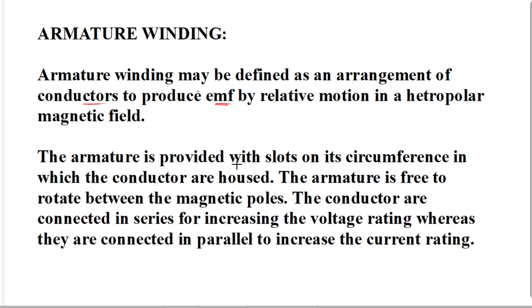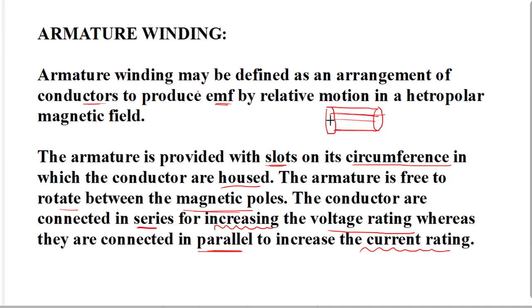The armature is provided with slots on its circumference in which conductors are housed. The armature is free to rotate between magnetic poles. The conductors are connected in series to increase the voltage rating, whereas they are connected in parallel to increase the current rating. On the circumference, conductors are placed in slots; that is armature winding.